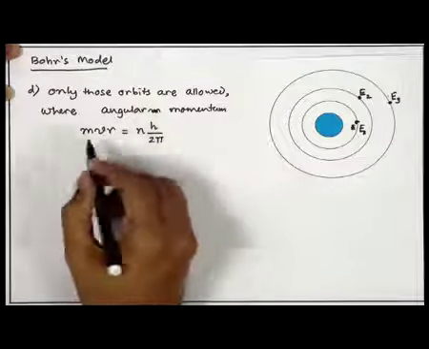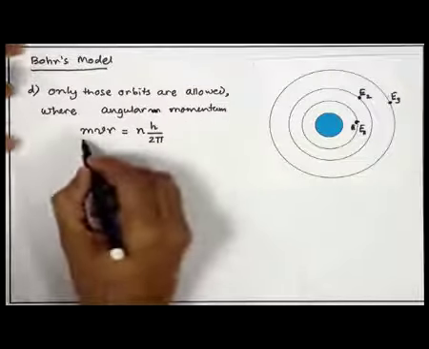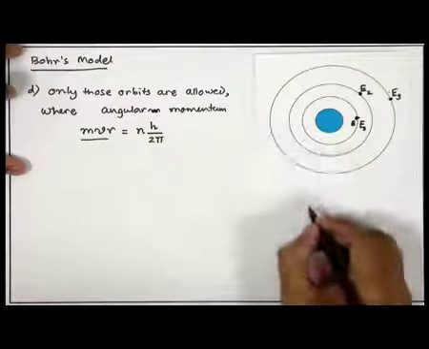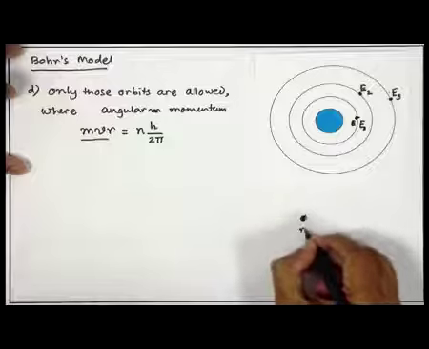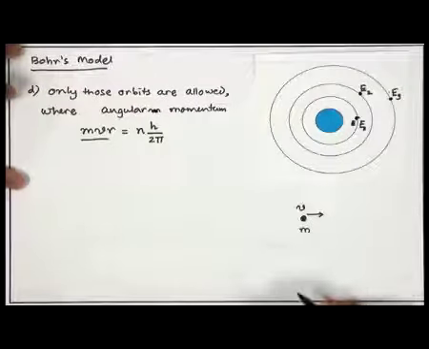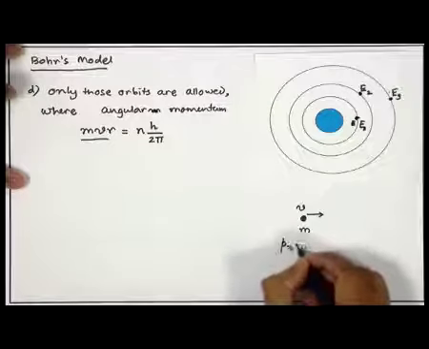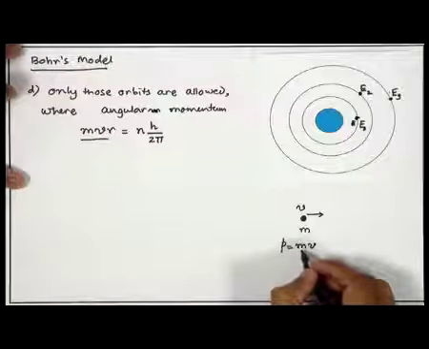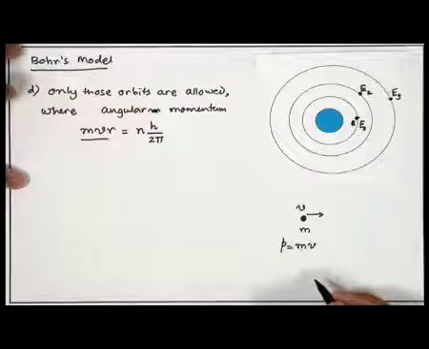Let us discuss what this angular momentum is. If I have a particle of mass m and it is moving with a speed v, then I know that its momentum is given by p, momentum p is given by mass multiplied by its velocity.